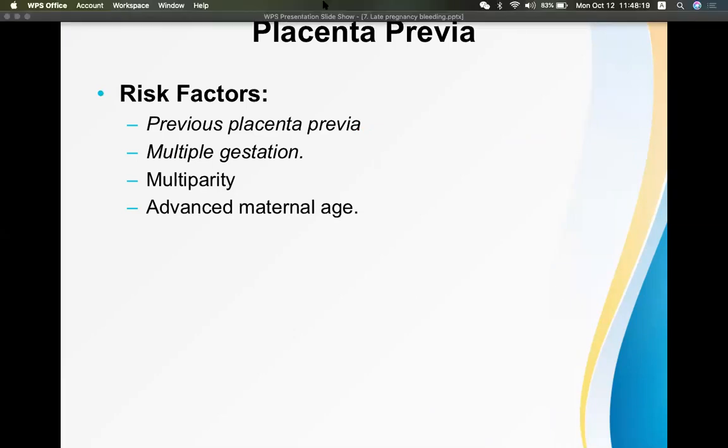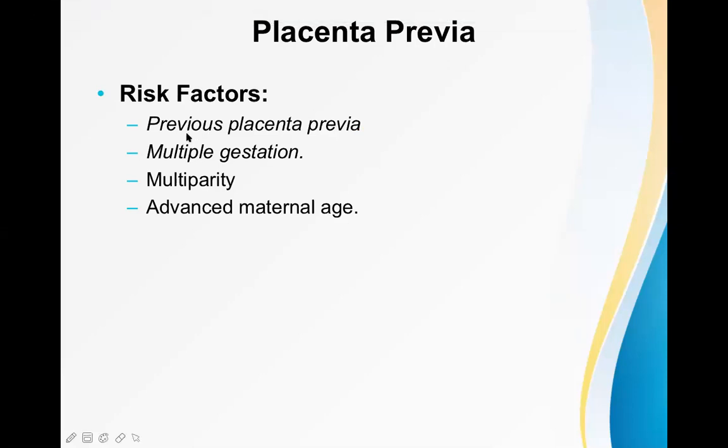Now, another point, what are the risk factors of placenta previa? Which type of lady commonly develops placenta previa? These are the risk factors. Previous placenta previa, same like abruptio placentae. In that case also, if previous history of abruptio placentae was there, there is more risk.